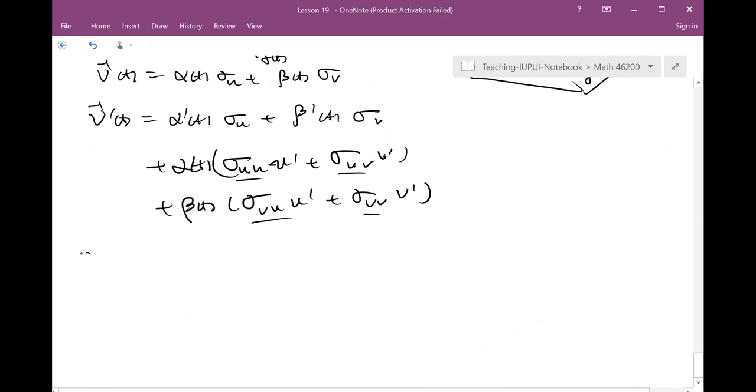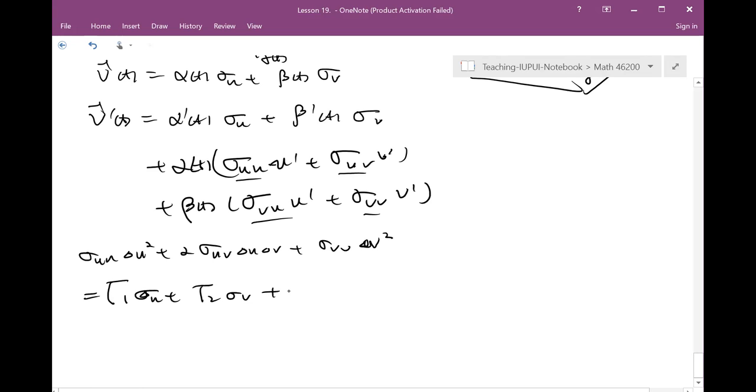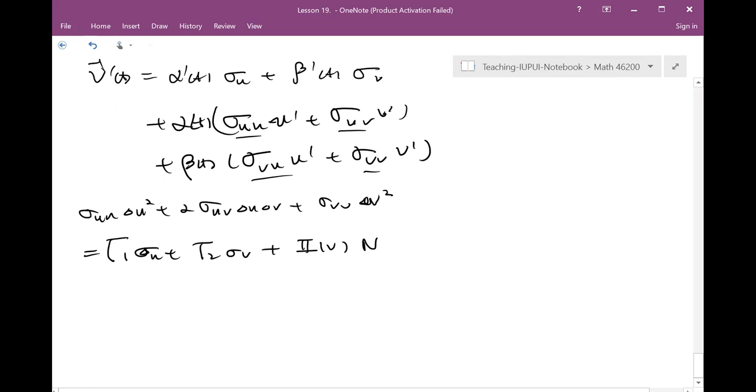I needed to know sigma UU delta U squared, 2 sigma UV delta U delta V, sigma VV delta V squared. And this is gamma 1, sigma U, gamma 2, sigma V, plus the normal vector. So we don't need to worry about that part.